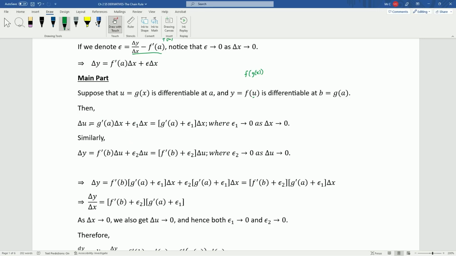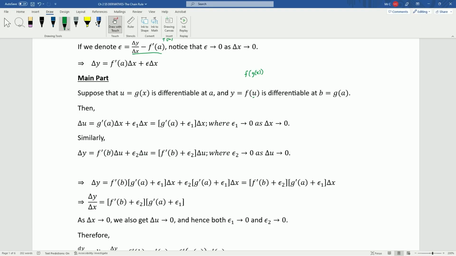And we're going to deal with a few of these expressions. So we're just marking epsilon 1 here to distinguish from the other expressions we're going to do. And so if I factor out delta x, I get that delta u equals g prime of a plus epsilon 1 times delta x, where epsilon 1 goes to 0 as delta x goes to 0. Similarly, delta y is f prime of b delta u plus epsilon 2 delta u.